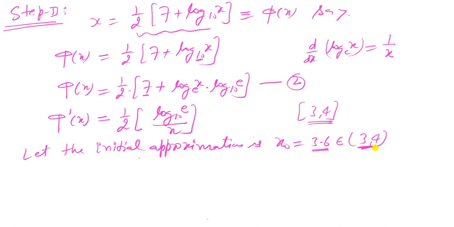Taking any value between 3 and 4 will be the initial approximation. So 3.6 is the initial approximation.